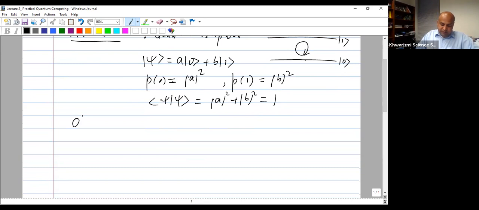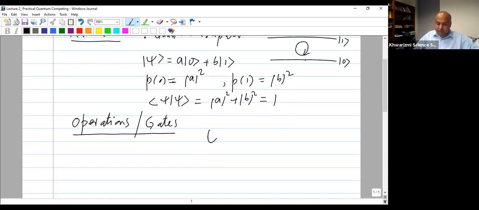And operations on these qubits, which we will now mostly call gates, so that our formalism is similar to classical computing, where we had those gates through which information flows, and gates represent logical operations. So these physical operations, we will be calling them gates. They are unitary operations.